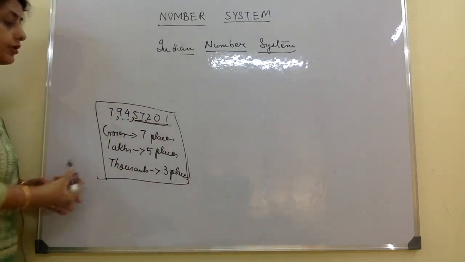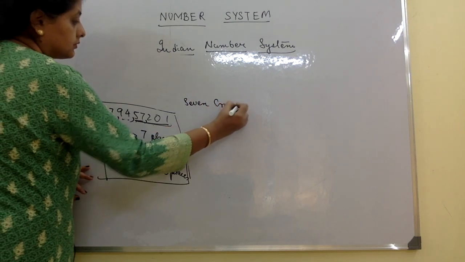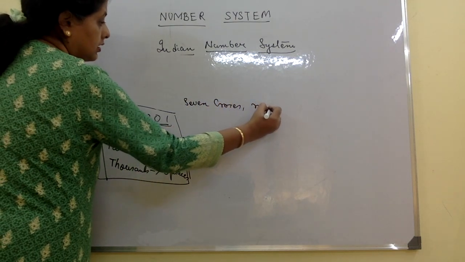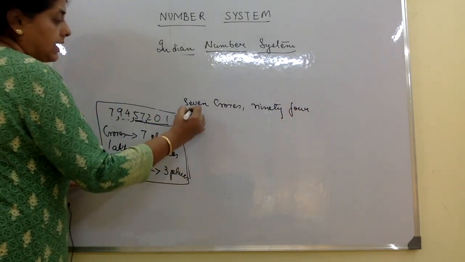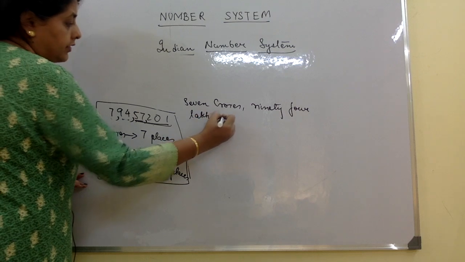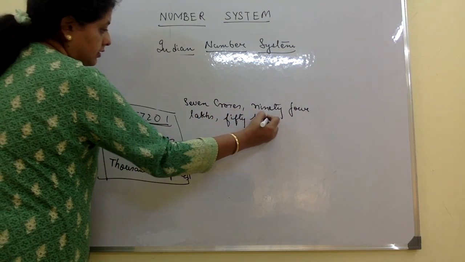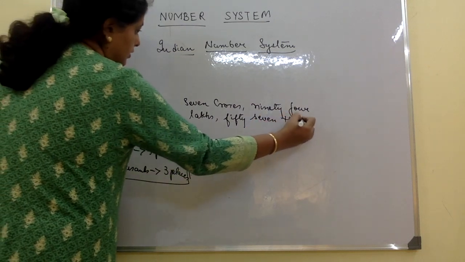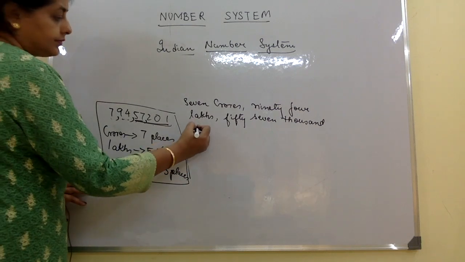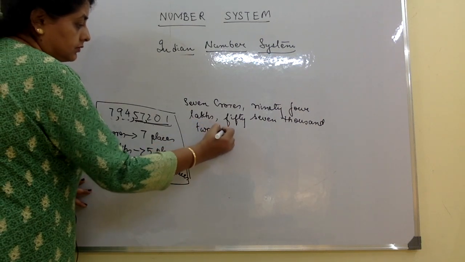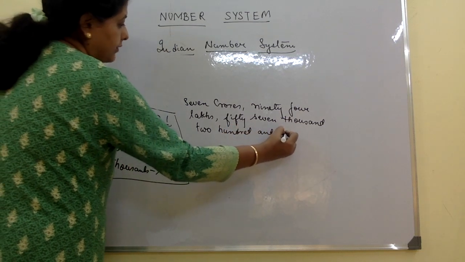Let me write it for you all. 7 crores 94 lakhs 57,201.